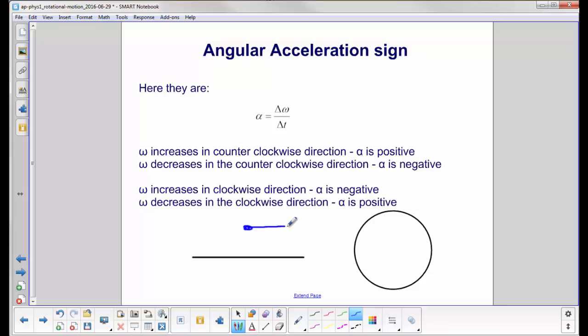So if I have an object moving in this direction, and it increases its velocity, so it starts at maybe 2 meters per second and then goes to 4 meters per second, well, the final velocity minus initial would be 4 minus 2 over the time. That will give us a positive acceleration. If we were to slow down, that would be a negative acceleration.